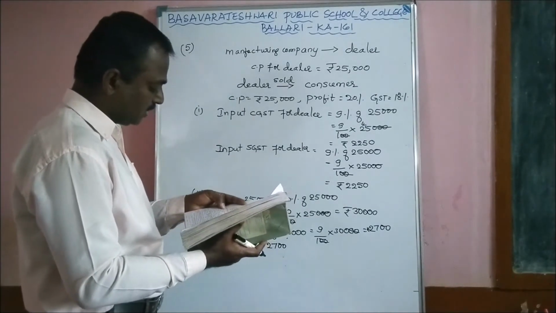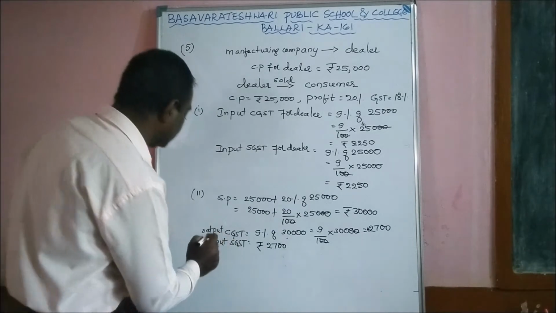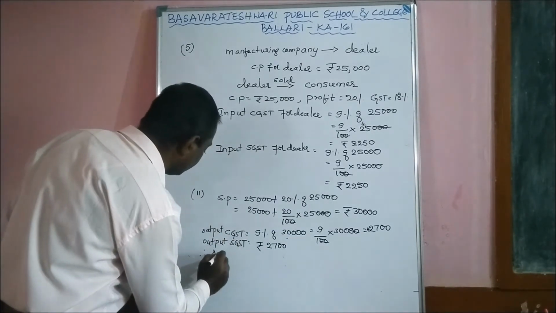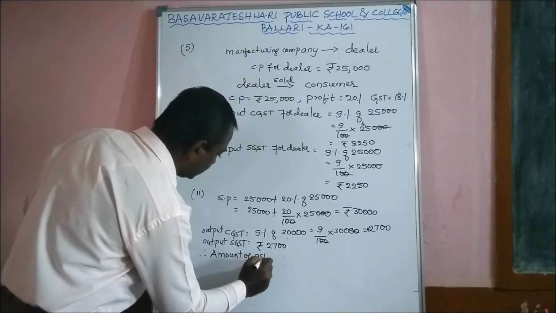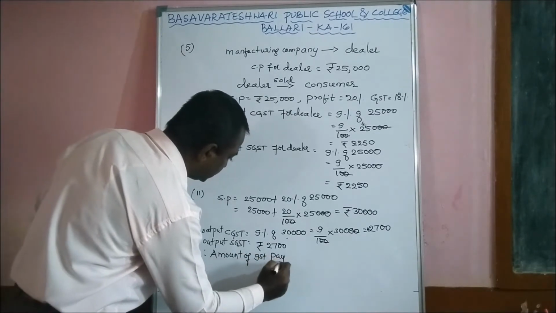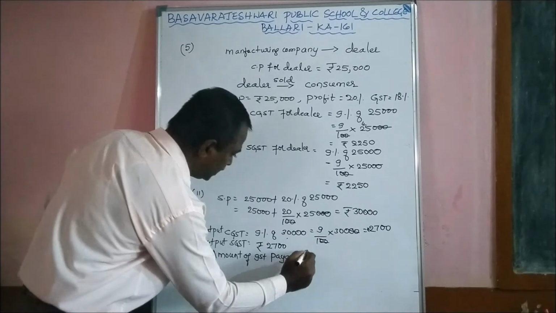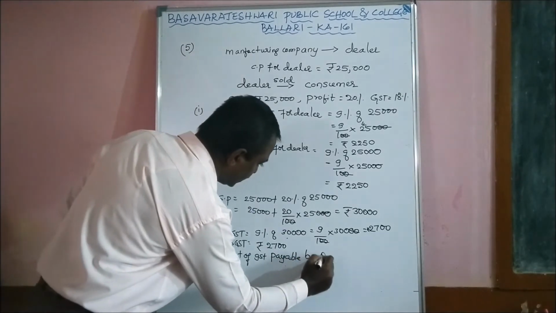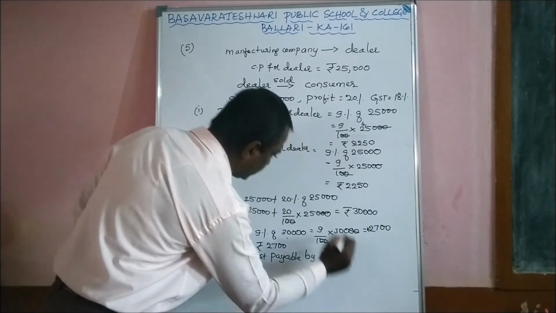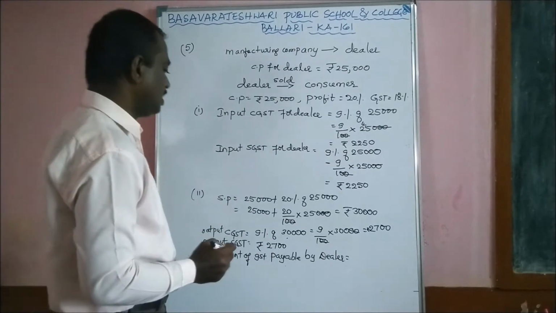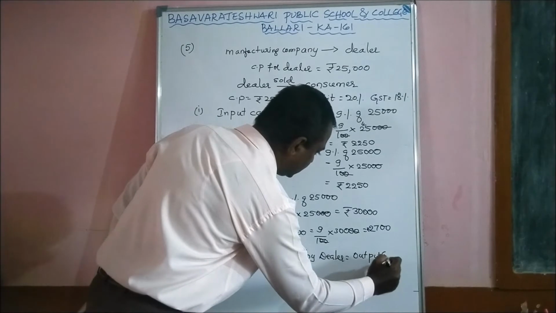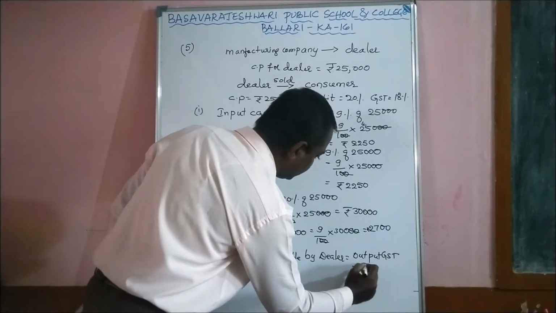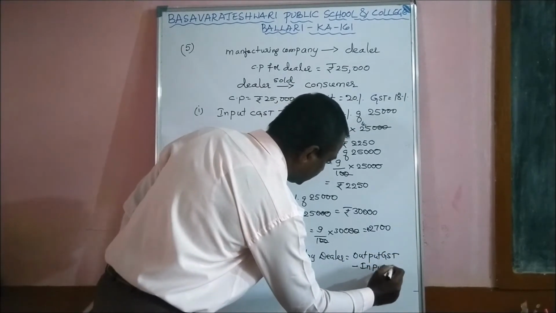So what is the question they are asking? Second one, amount of GST payable by the dealer. Therefore, amount of GST payable by dealer is equal to output GST minus input GST.